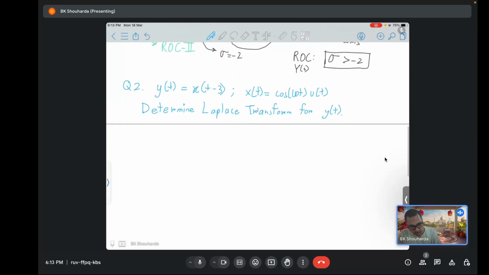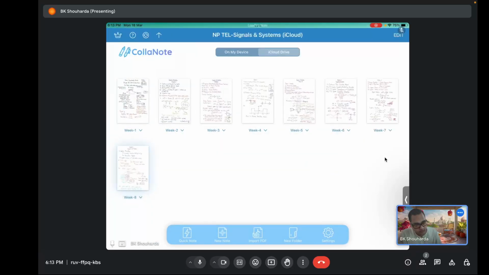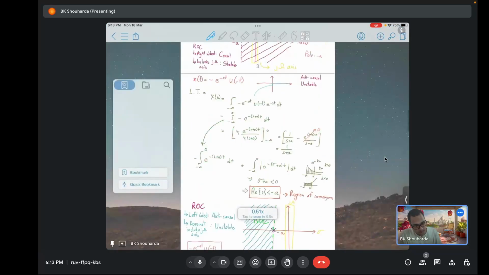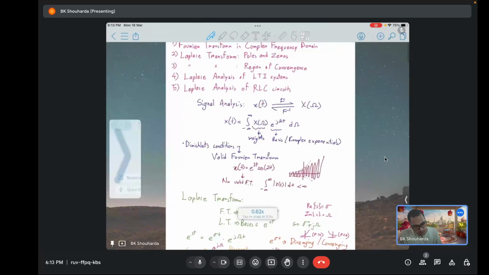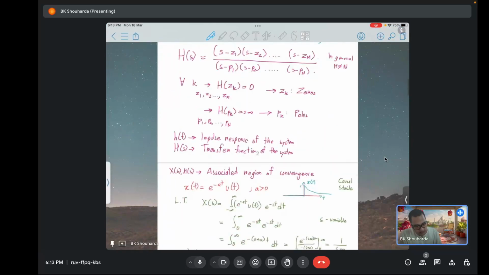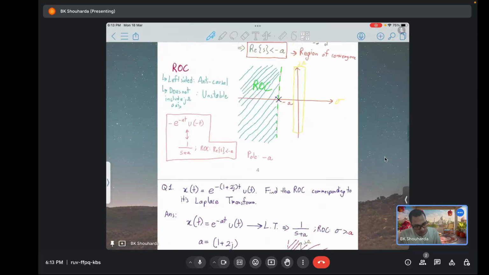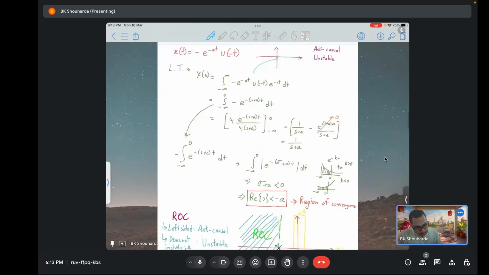Here we look into the general property. Let's see if I had covered this property earlier or not. We had just started the Laplace transform, so no properties were covered.